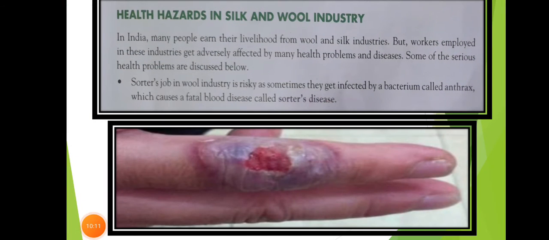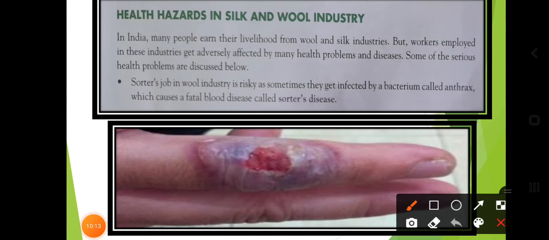Now let us discuss the health hazards in the silk and wool industry. You can see here a man having a disease. This man is one of the workers of the silk or wool industries. What is the main problem he has?